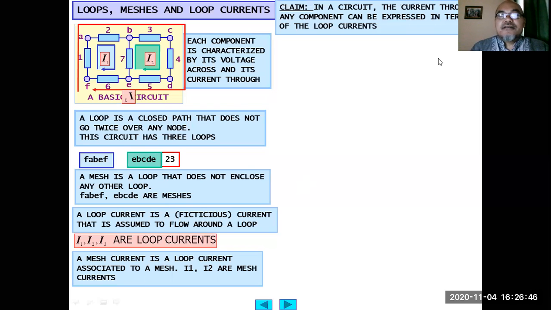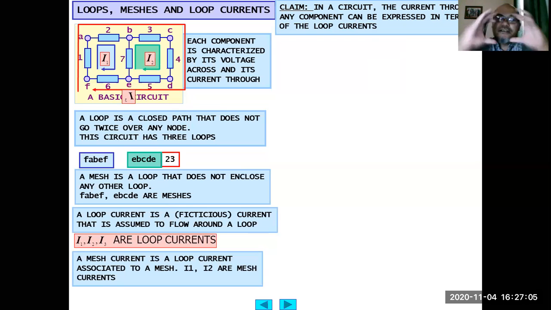So in a circuit, the actual current through any component can be expressed in terms of the loop currents. It needs to be calculated from these loop currents. These loop currents are not necessarily the actual current through the component.